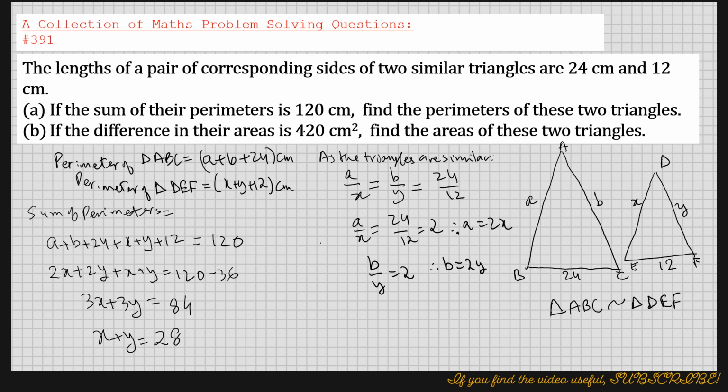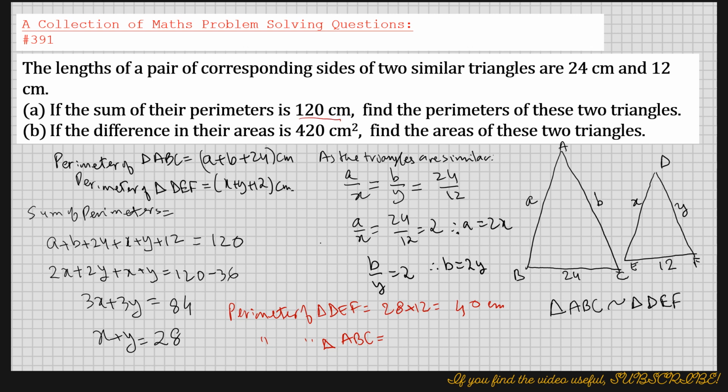So if x plus y is 28, therefore the perimeter of triangle DEF equals 28 plus 12, and that is 40 centimeters. And the perimeter of triangle ABC, we don't have to go there.